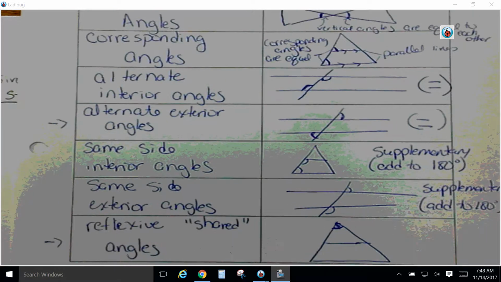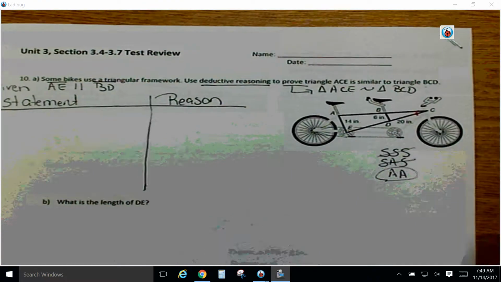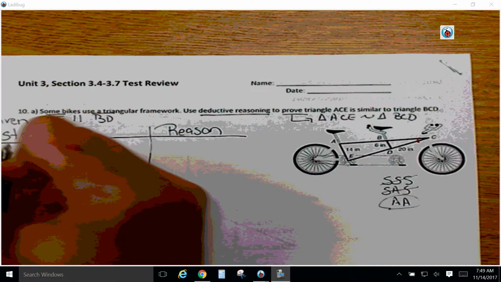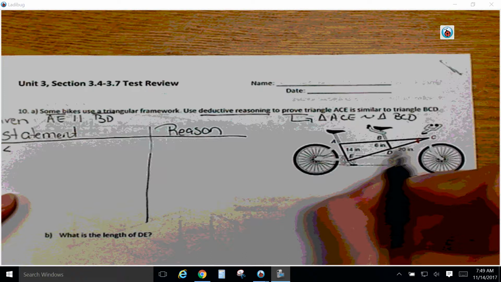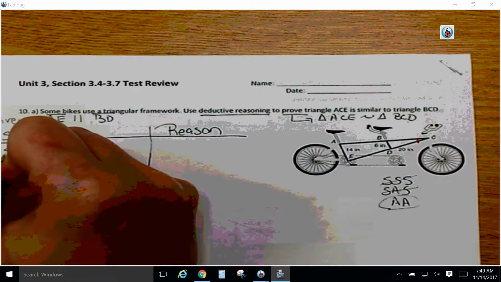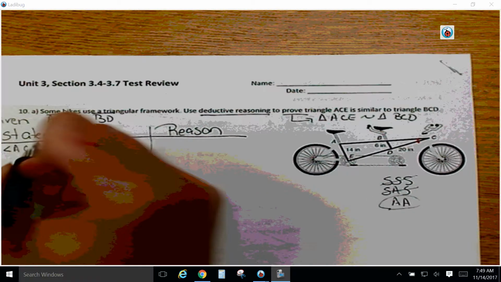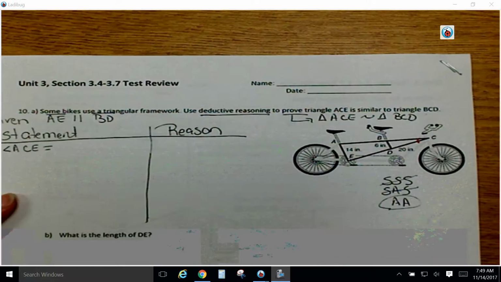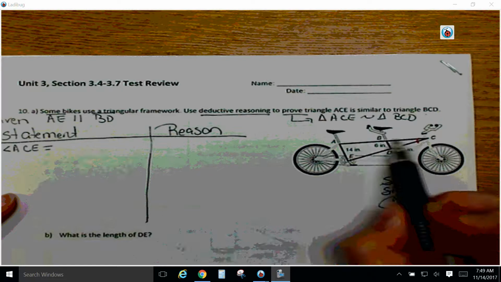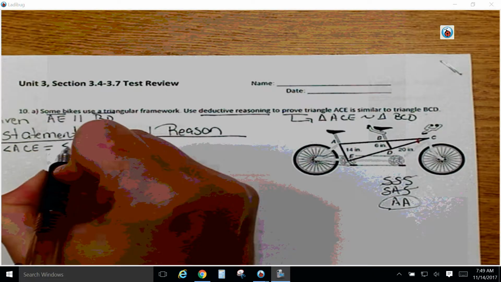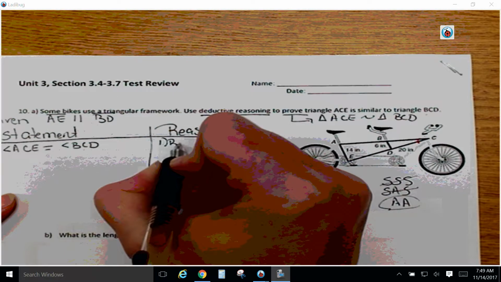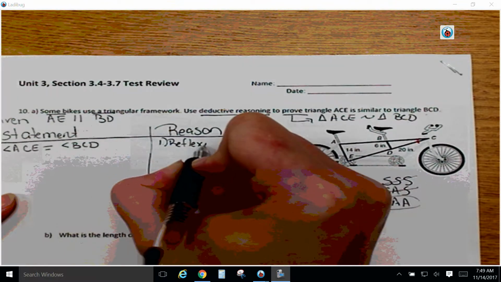So I'm going to say that angle, and I'm going to start with the big one, ACE is equal to angle BCD. And the reason for that is that they are reflexive angles.